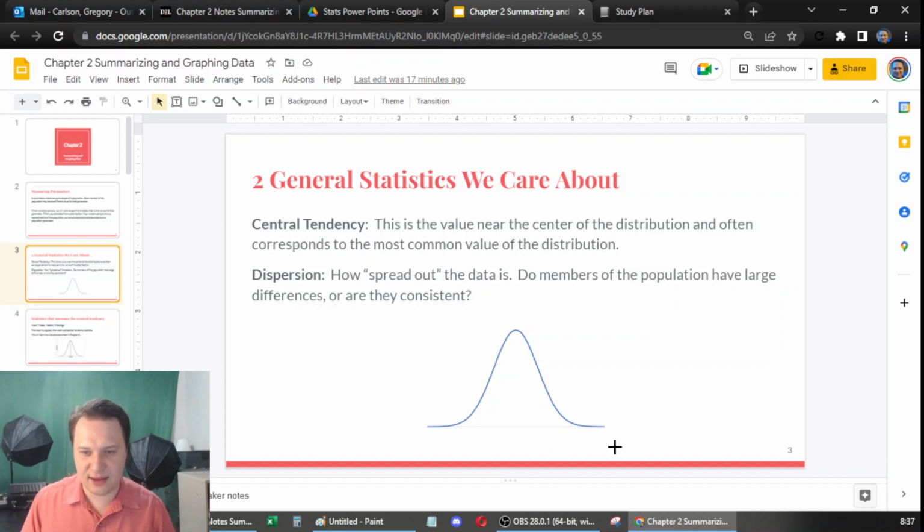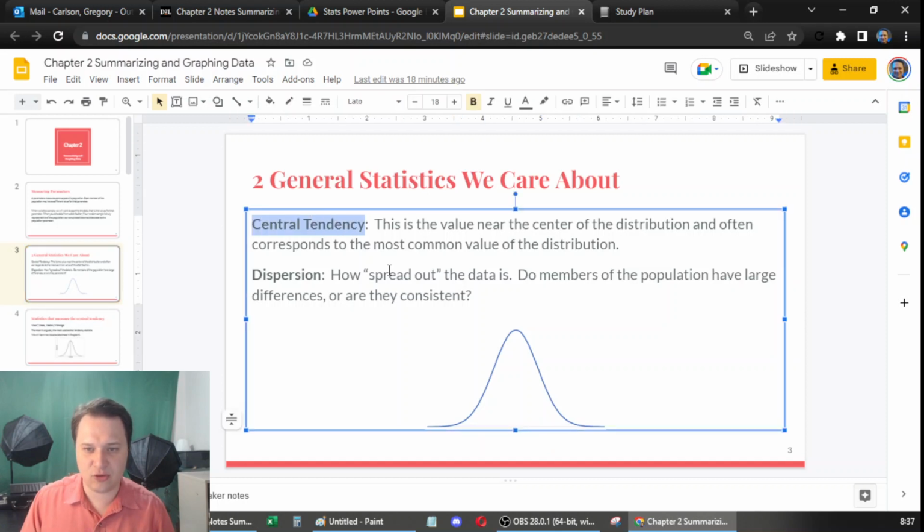Now, as we study data, whether it's a bell curve or a different type of distribution, there's generally two statistics that we care about. The first type of statistic is called the central tendency. And you can think just about the word center, right? Center, central. This is what is the value that's kind of in the middle. And so if we have data and we have everybody having a different value, what value is in the middle of everybody? That's important.